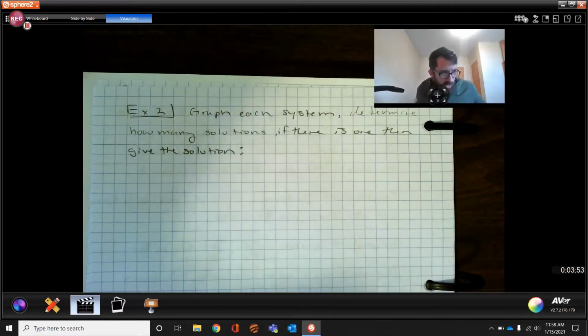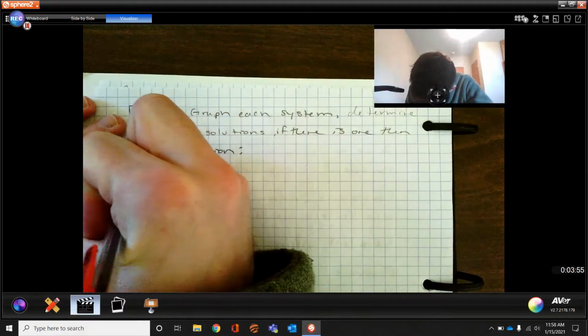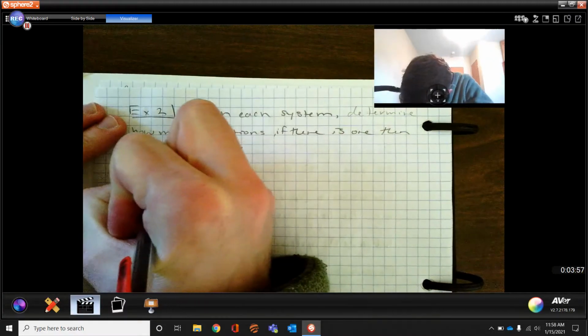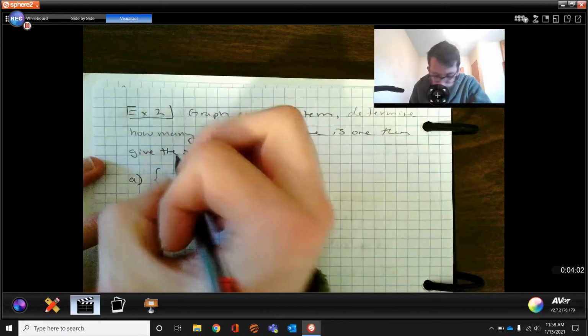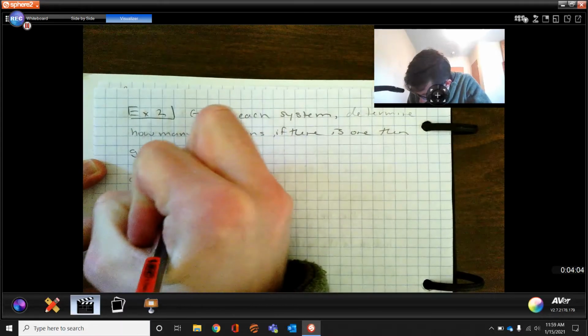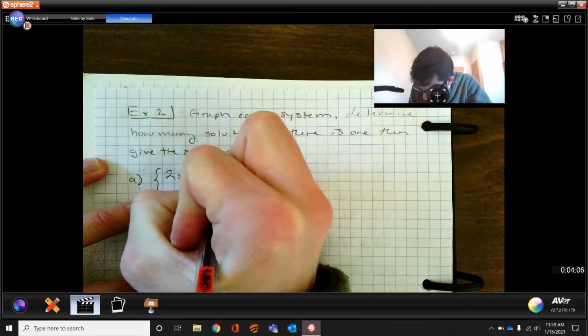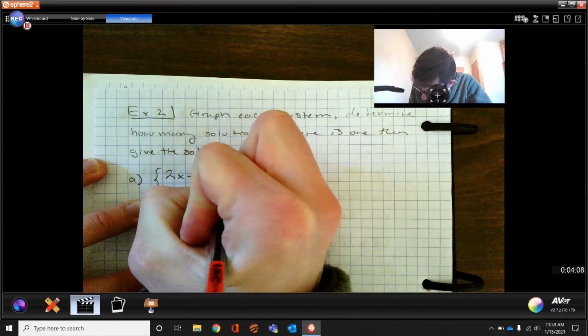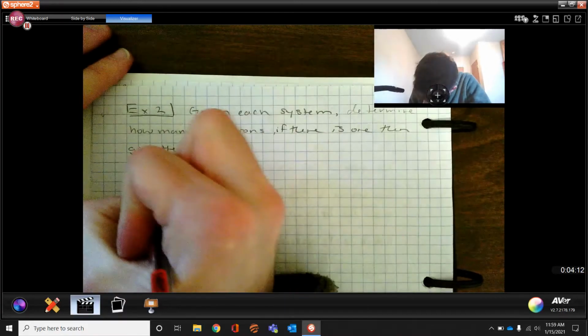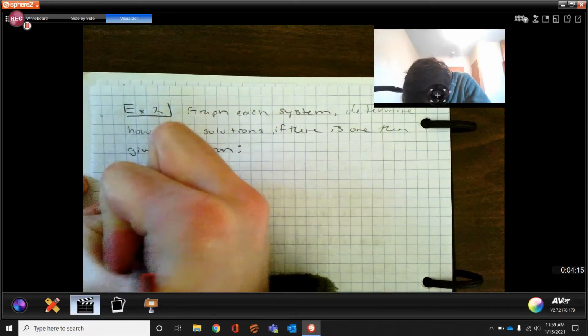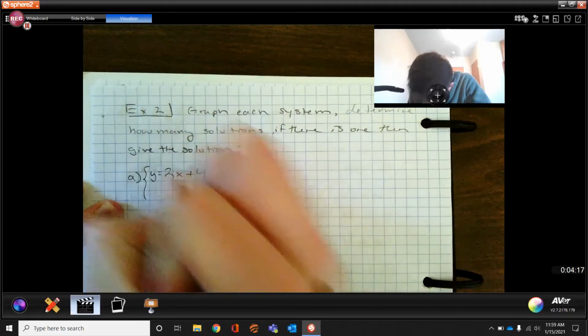So our first one is going to be rather straightforward. I've got y equals 2x plus 4, so there's the brace.